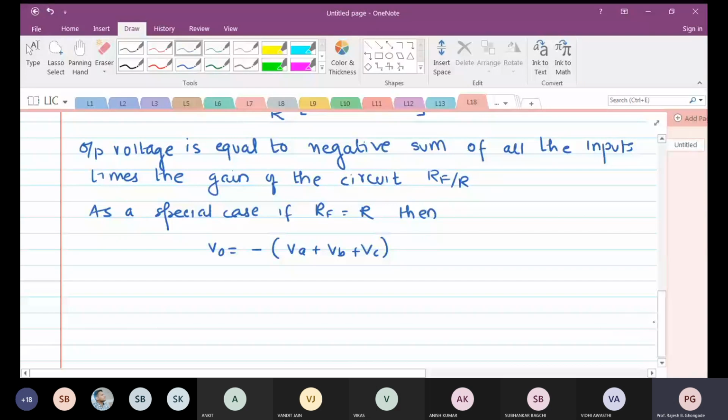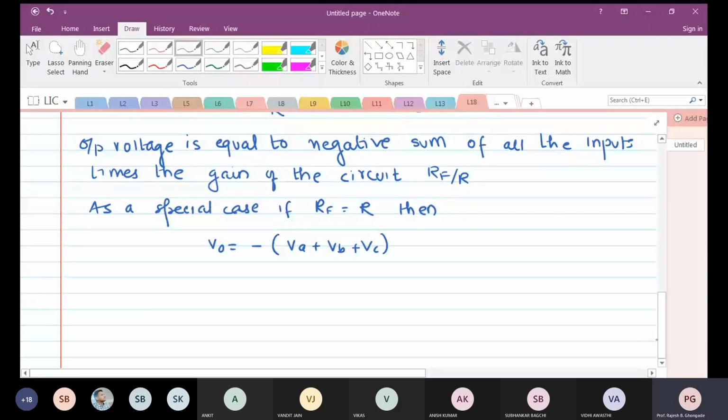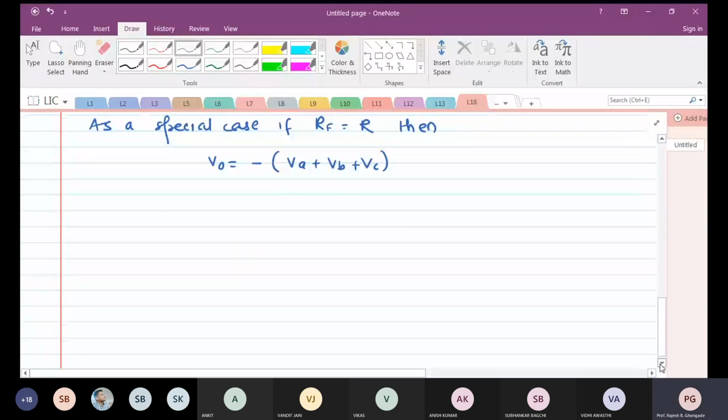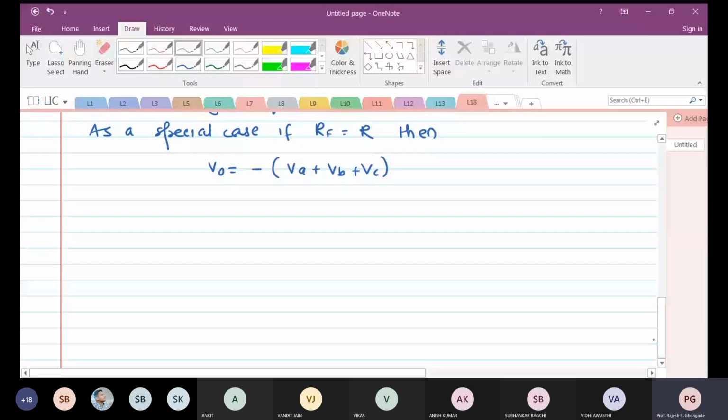Now, again, since we have talked about the general case, you can use this circuit as a scaling amplifier, also called a weighted amplifier.